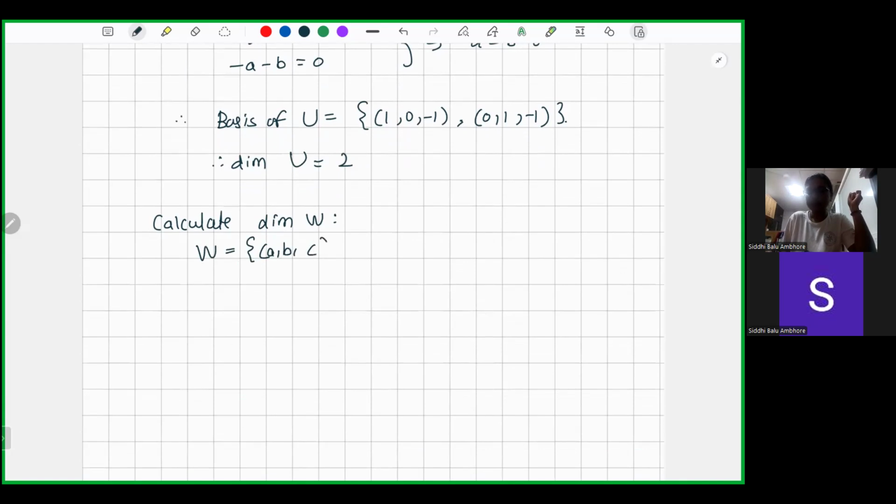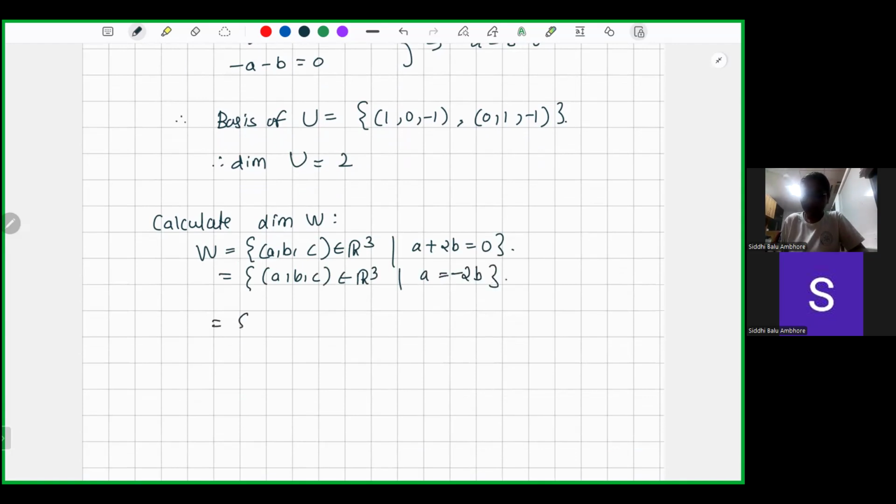So W is (A, B, C) in R3, such that A plus 2B is equal to 0. And then we again try to write this A, B, and C in R3 such that A is equal to minus 2B.